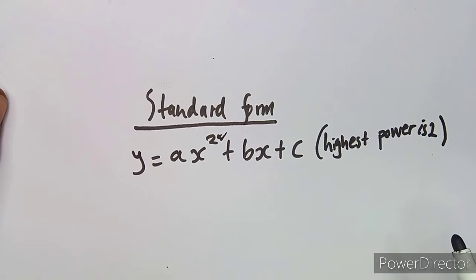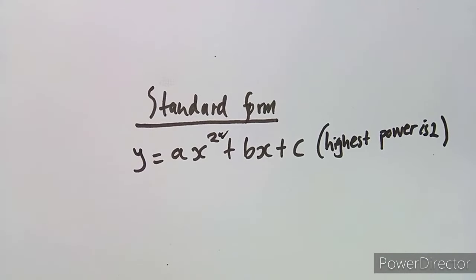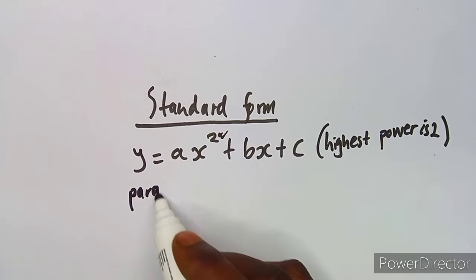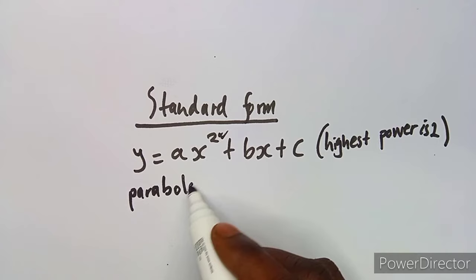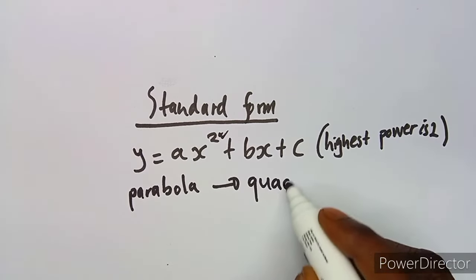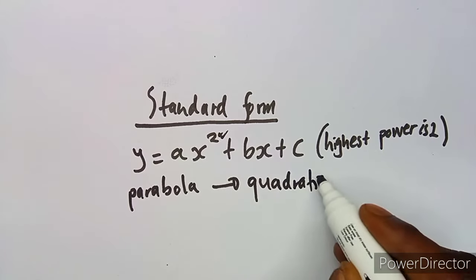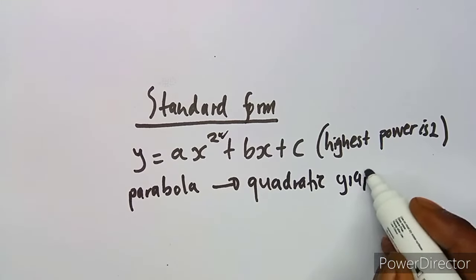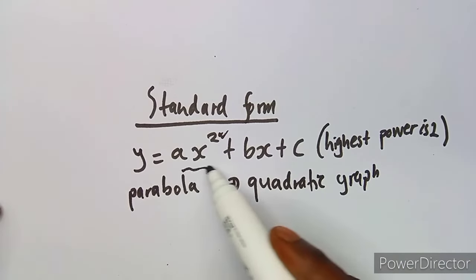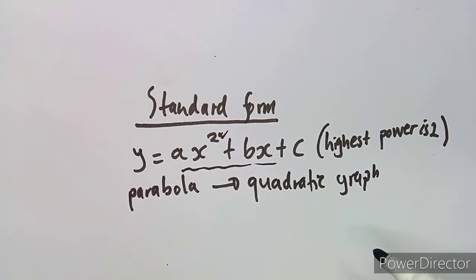That is what is important for this typical graph of a parabola. A parabola, guys, is a quadratic graph. When you are referring to a parabola, you are referring to a quadratic graph.